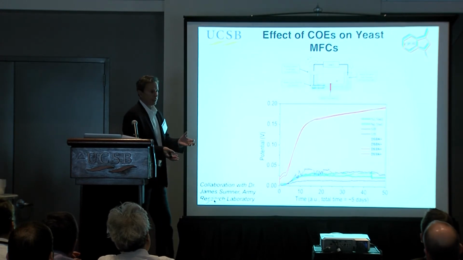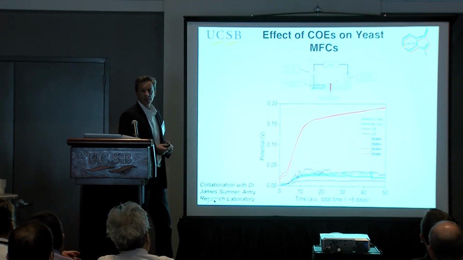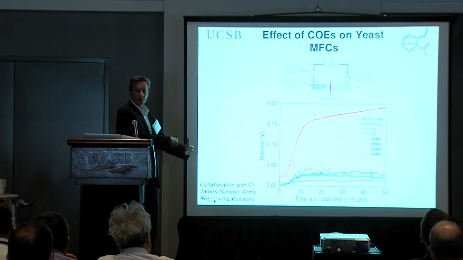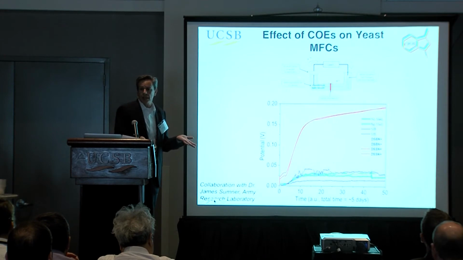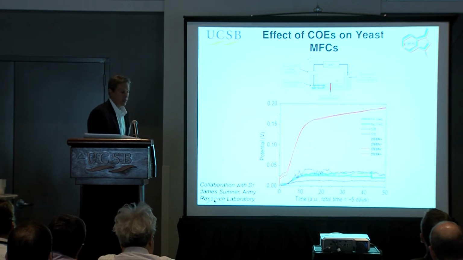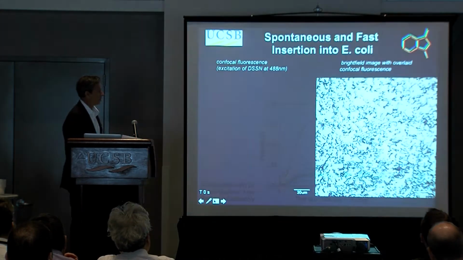All of a sudden, that very simple step of modification of the membrane renders these yeast much more amenable to communicating with the electrode and sending the current over, which is kind of neat because we didn't do any genetic engineering. It's just a simple way of changing the way that the metabolic pathways relate to the external circuit.